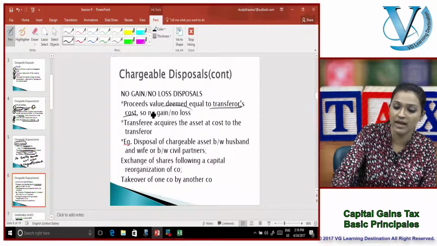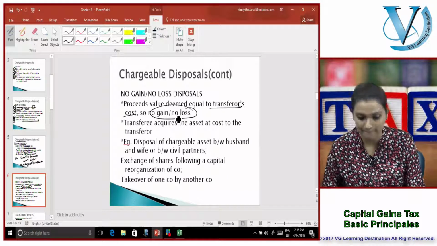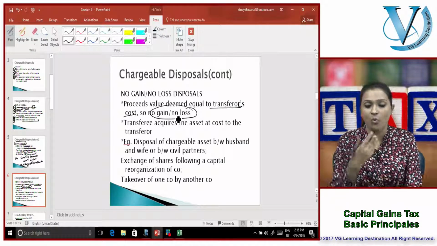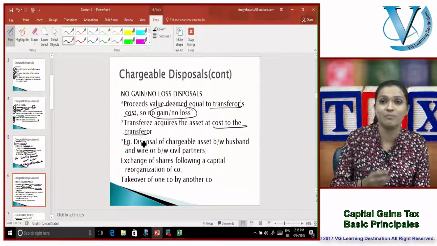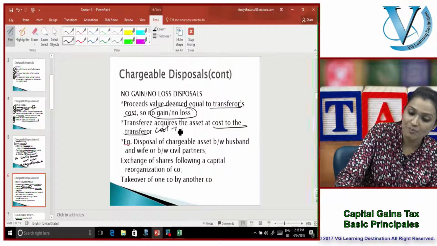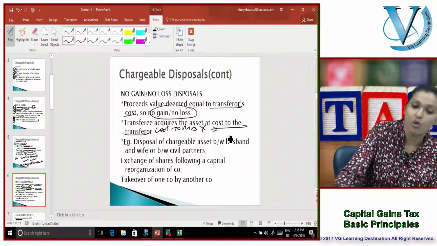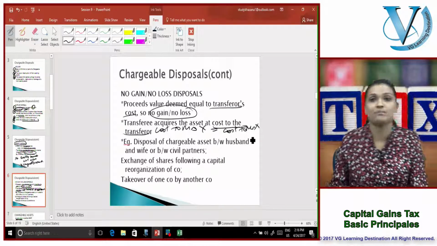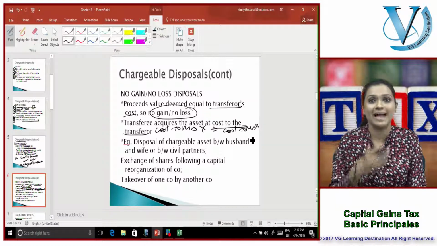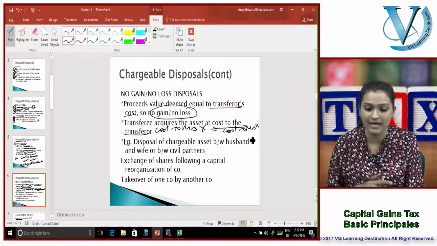Thus, there is no gain and no loss being made. The transferee acquires the asset at the cost to the transferor itself. So basically, the cost to Mrs. X is what it had cost Mr. X to buy the property, even if it was, say, 10 years down the line.